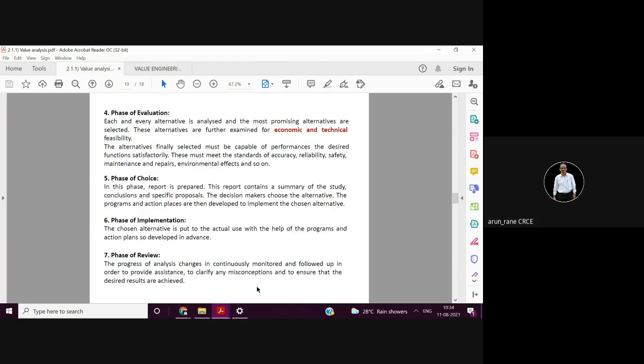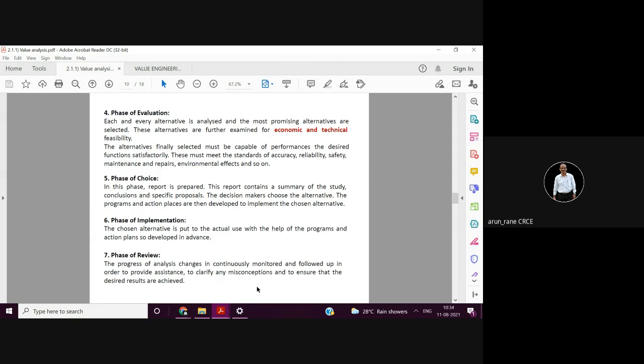Then obviously you have to evaluate each and every function, each and every alternative, whatever you have suggested. And for evaluation, the criteria will be economic and technical feasibility.